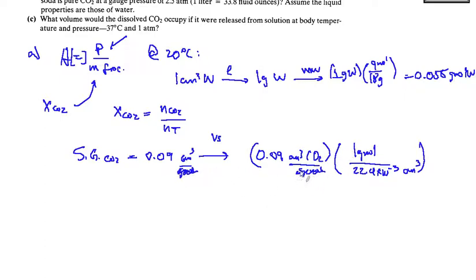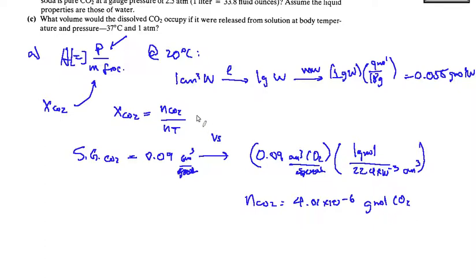This is not gram mole, this is only cubic centimeters. I'm going to get the amount of moles of CO2, which is 4.02 times 10 to the minus 6 gram moles of CO2.